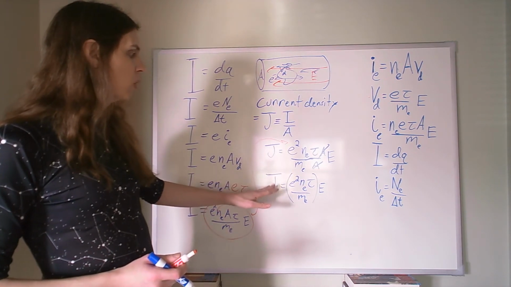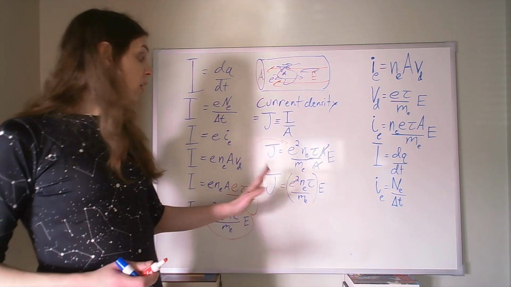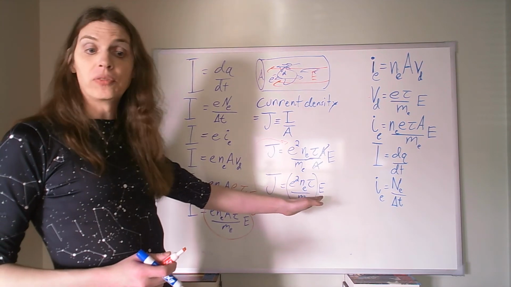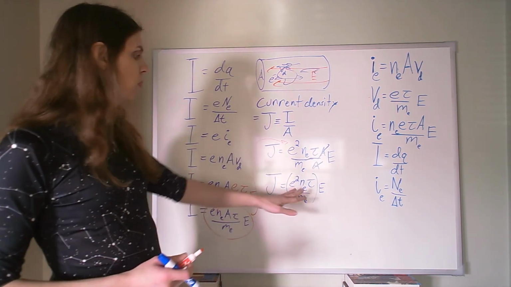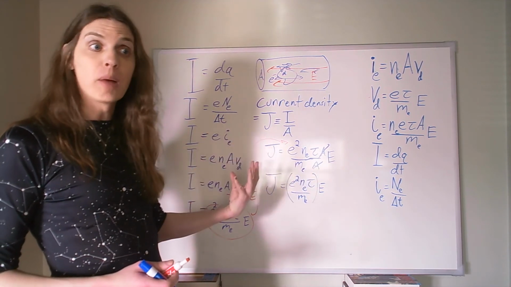And when we look at this, we see that the current density is proportional to the electric field imposed across that conductor by some constant that is dependent upon material properties.